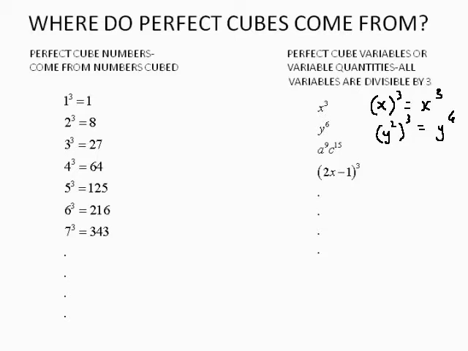And also you can think of it this way: if I took y squared times y squared 3 times, that would also give me y to the 6 using a different power rule. So how important are those power rules? So anything you can cube. Now notice when this happens, all the variables are divisible by 3. So it's very easy to recognize perfect cube variables and numbers once you get the hang of it.